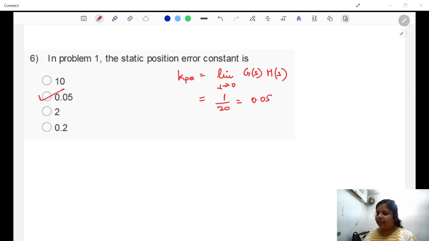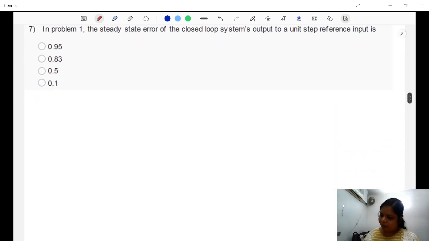Okay, so steady state error. What is steady state error? I want to know this from you all. Steady state error is equal to limit s tends to 0 of s into something upon something, we say. What is it?